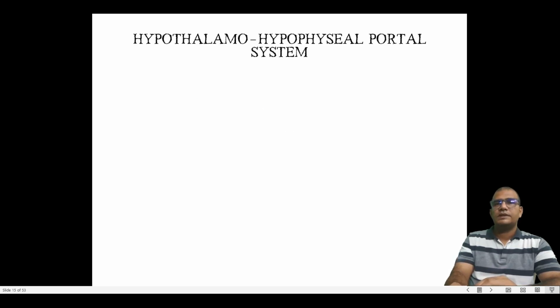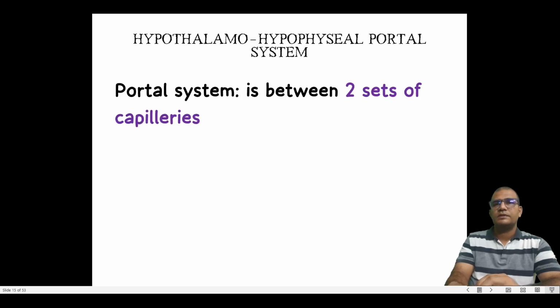We have seen in the beginning the hypothalamo-hypophyseal portal system. So let us see in detail what exactly it is. What is a portal system? A portal system is a system of blood vessels having two sets of capillaries. So it is a vascular system present between two sets of capillaries.